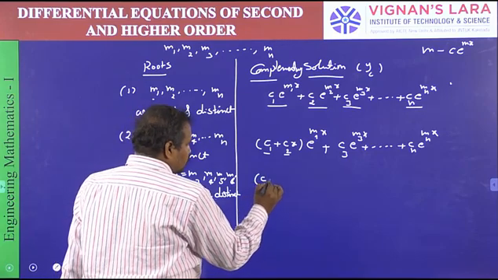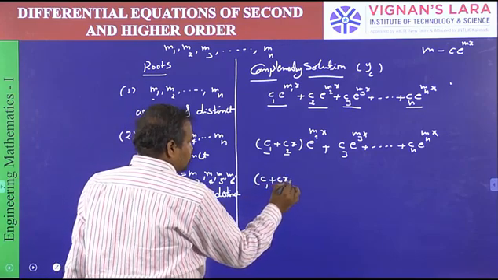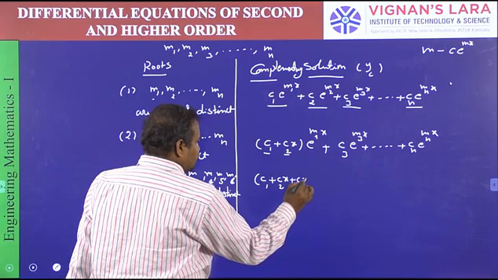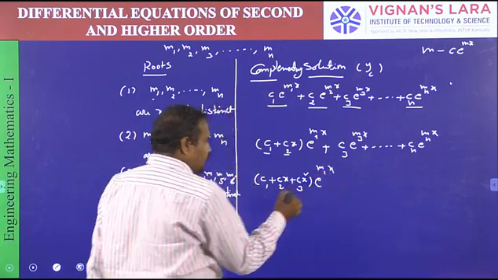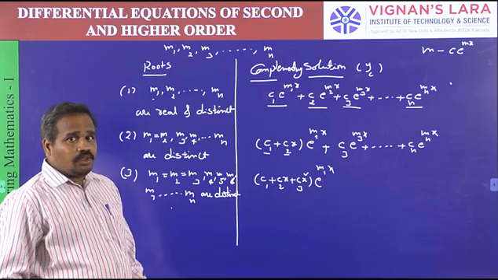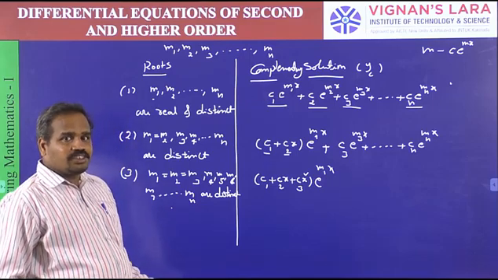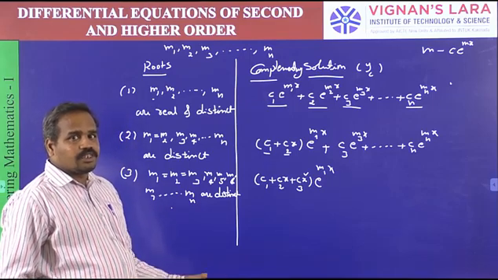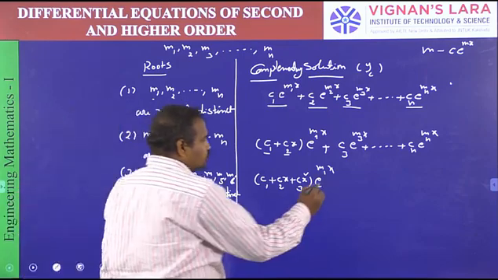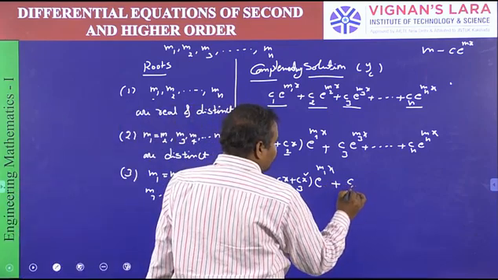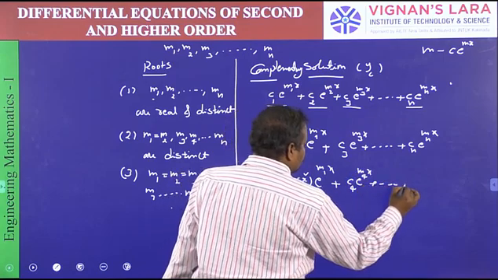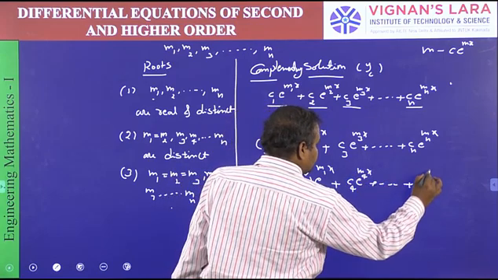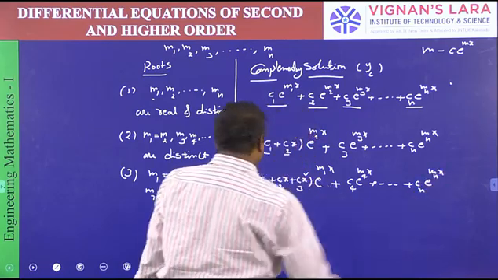Corresponding solution is (c1 + c2x + c3x²) e^(m1x). If four roots are equal, (c1 + c2x + c3x² + c4x³) and so on, plus c4 e^(m4x) and so on, plus cn e^(mnx).